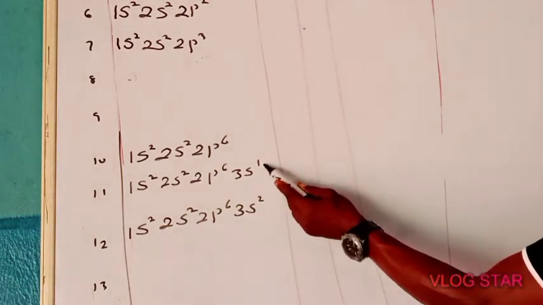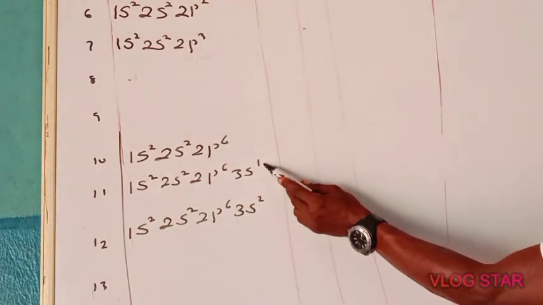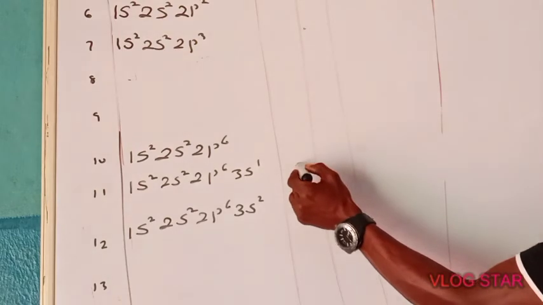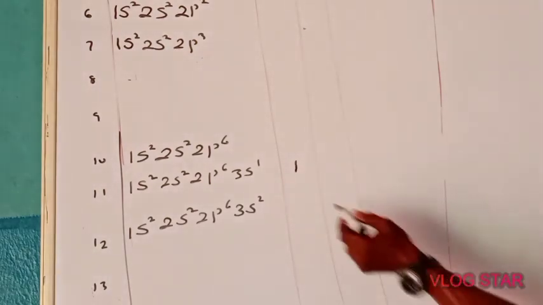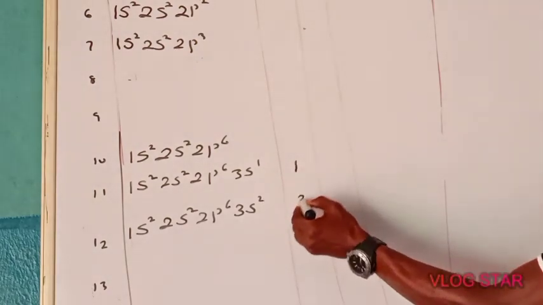Look at it. Do you see the outermost orbit here? How many electrons do we have here? 1. So we have group 1. How many electrons do we have here? Group 2.